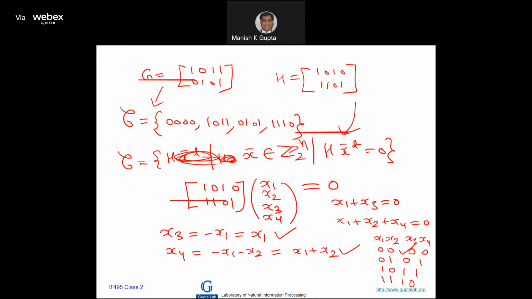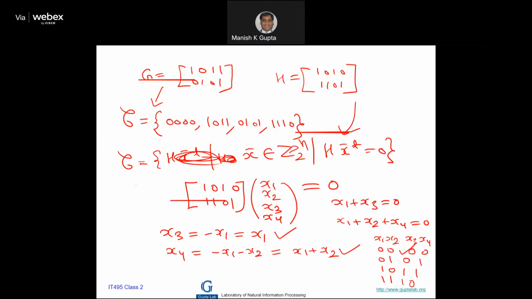You can verify this on your own by drawing the spheres of radius (d minus 1) by 2. Here d is 2, so (2 minus 1) by 2 is 1 here actually. So you can draw spheres of radius 1 here. You will see that the whole space is partitioned into these spheres, and these spheres are disjoint.